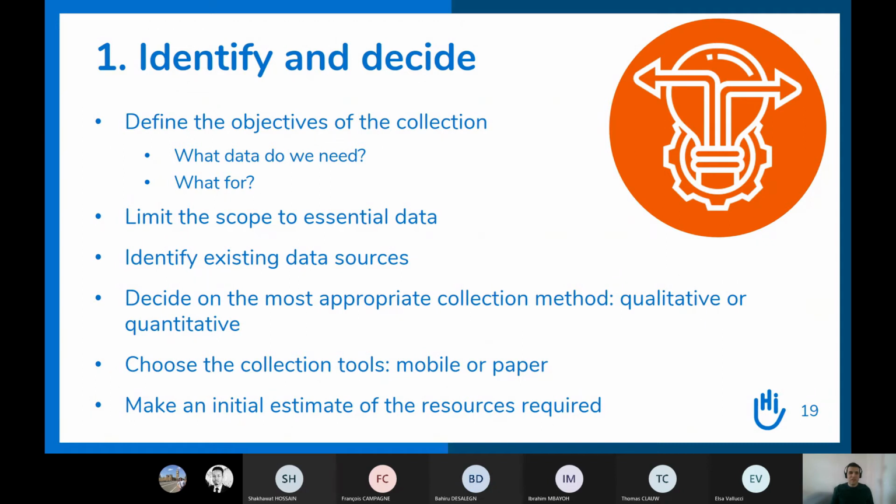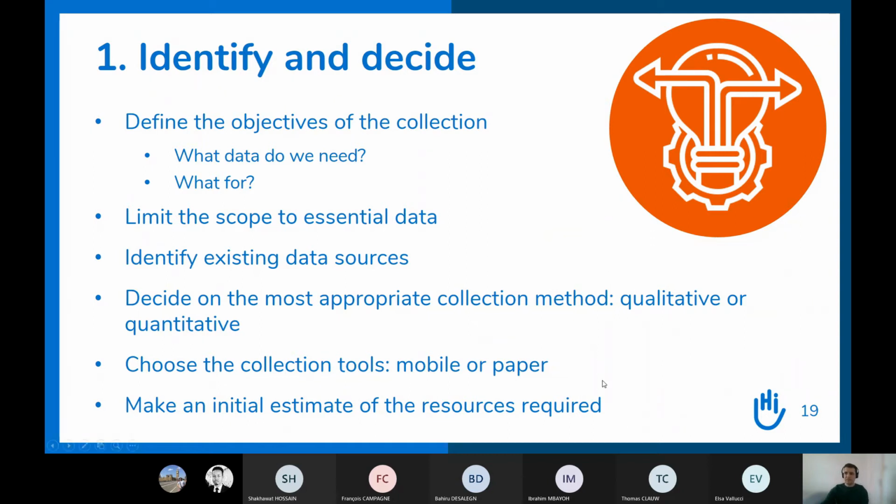For example, you go on the field and launch a data collection, and then different people come to you and say, on my side I want to collect this because I want to do this, and then somebody else says, I want to do that, and so on, and then you have too many things to do at once. So just try to focus on what is really essential and limit the scope to only the key data that you want.